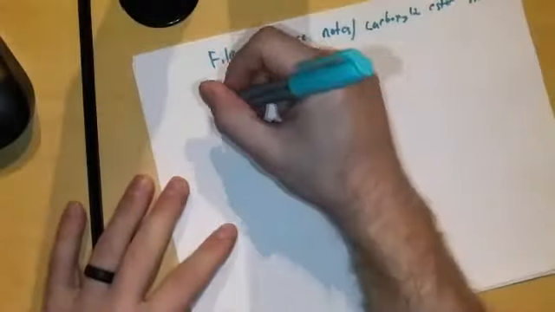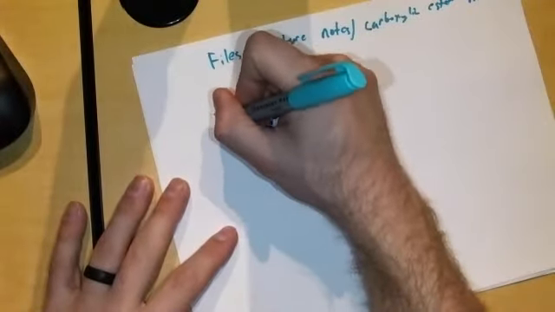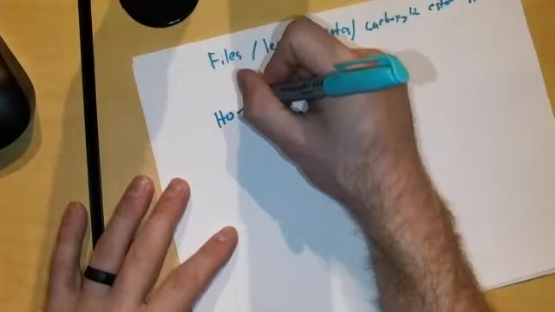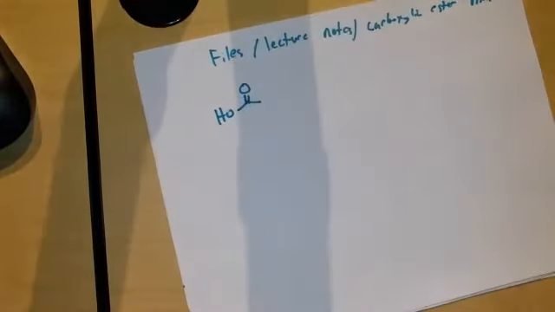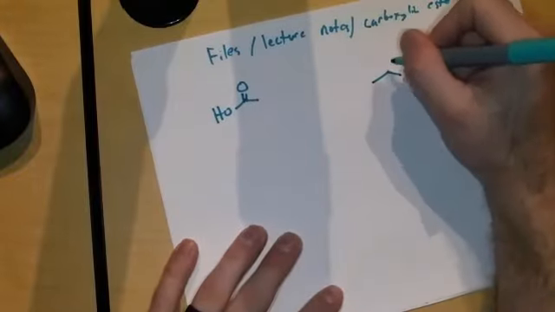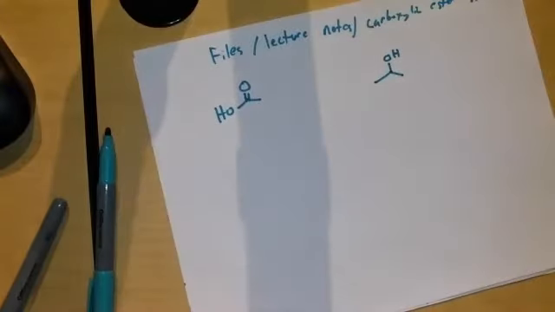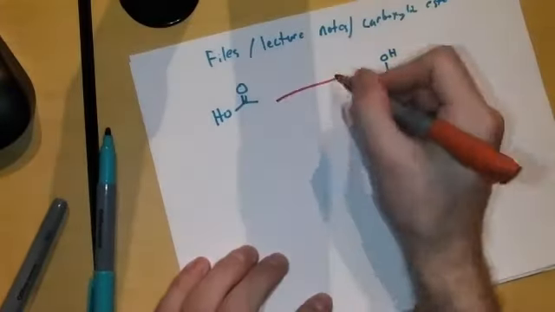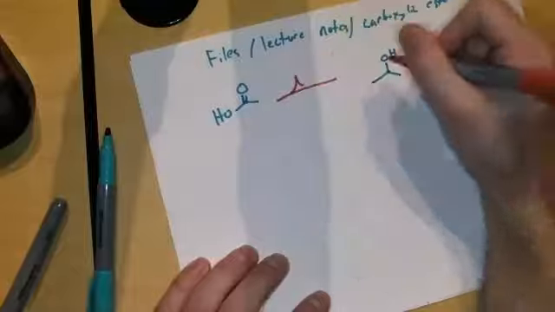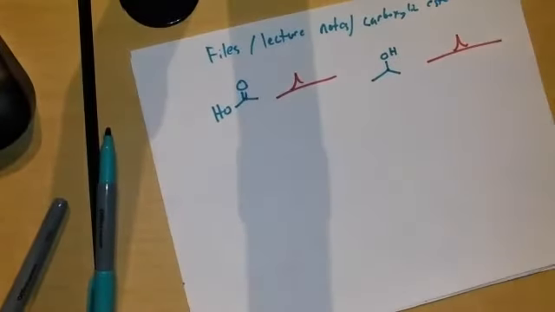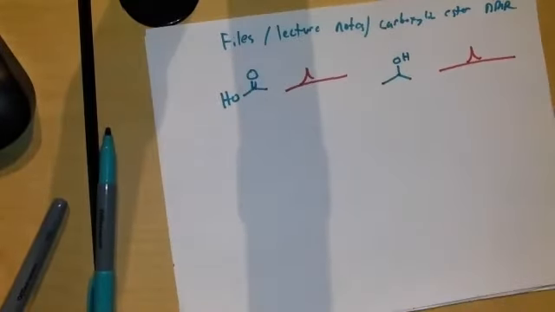So as a review, if I have a carboxylic acid, as well as an alcohol, I'm going to get a little broad peak that looks like this, depending on where it is.